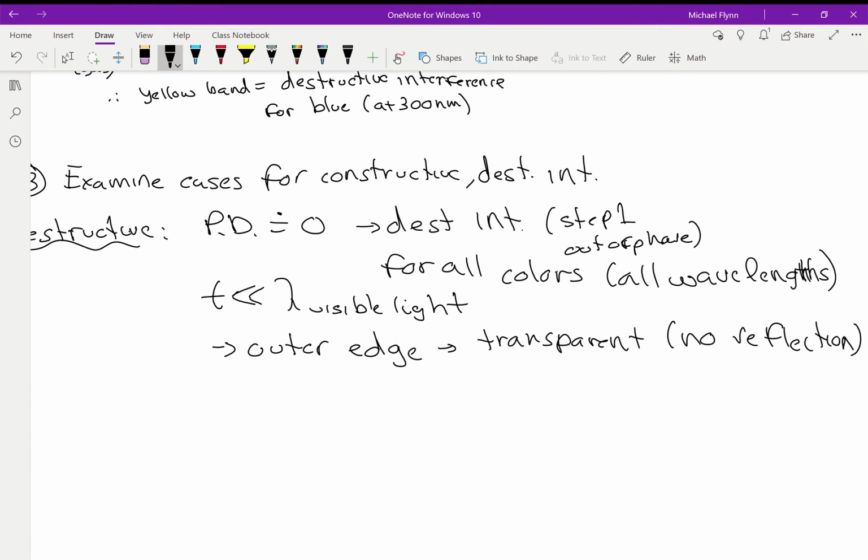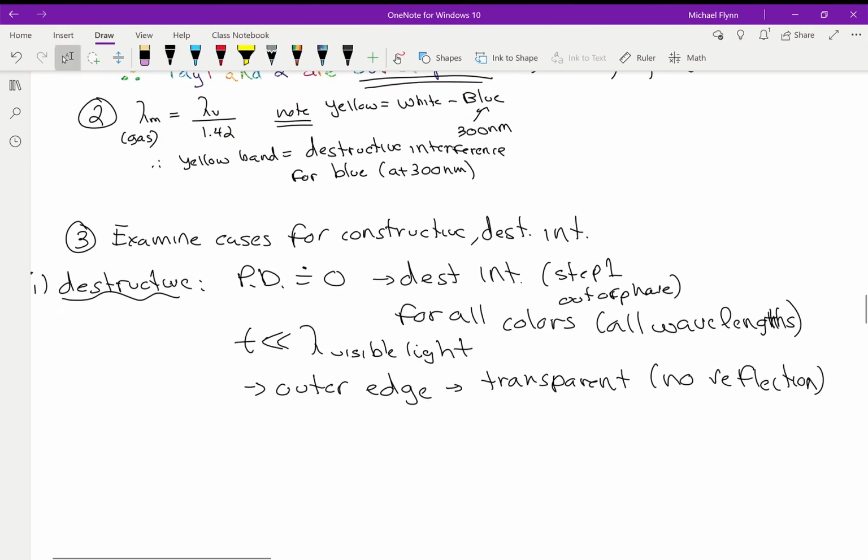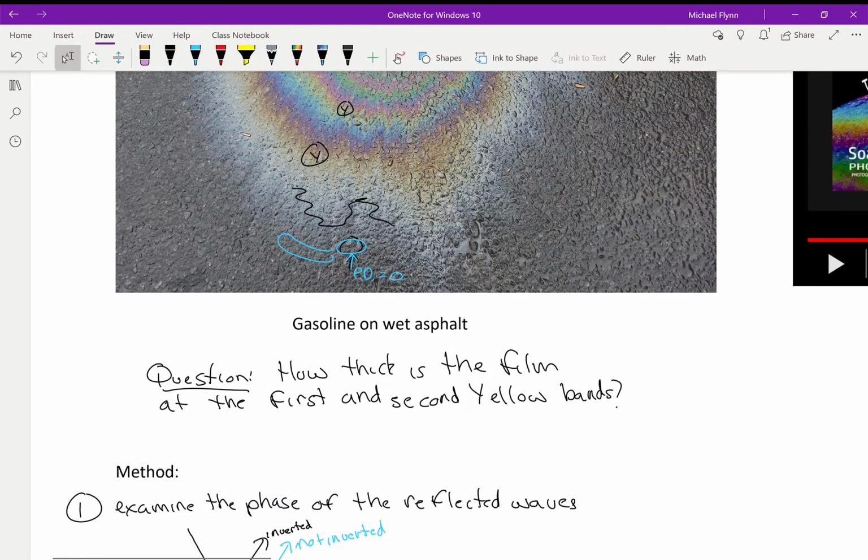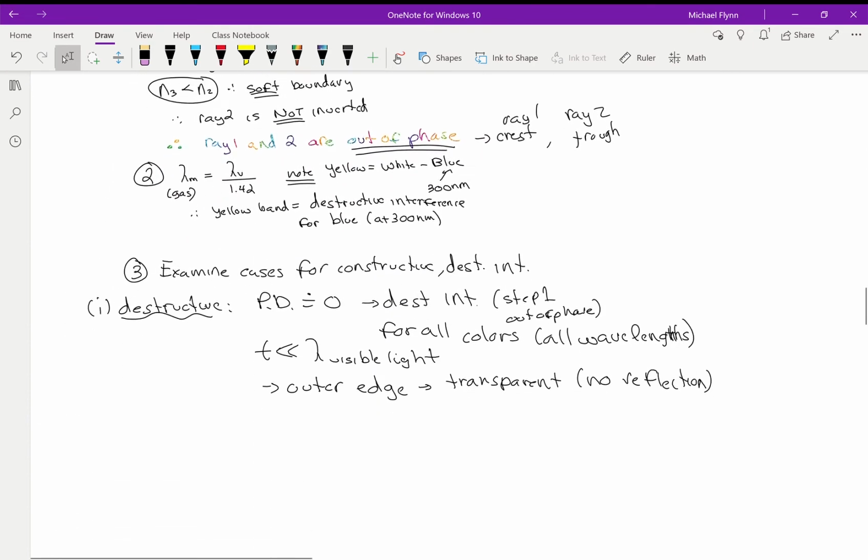Okay, so that is what we see all around the edge. You're not going to believe me that it's even there because you see this white edge and that's the first thing you see, but trust me, there's film that extends beyond that you just can't see at all. That is what we are seeing there.